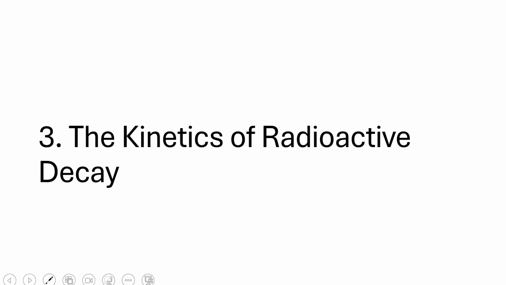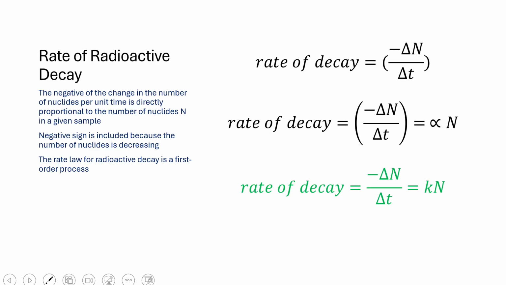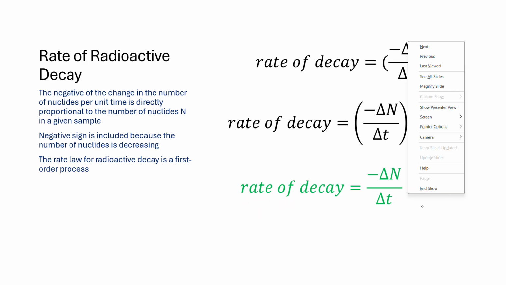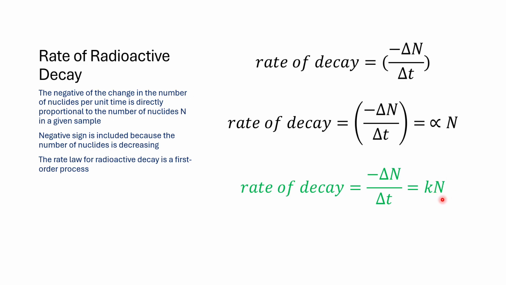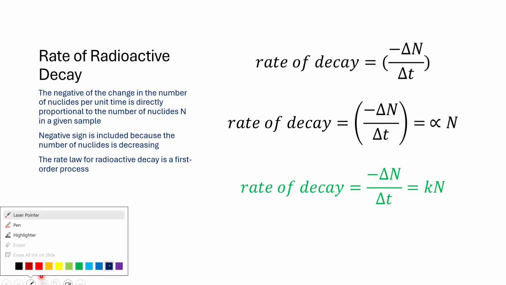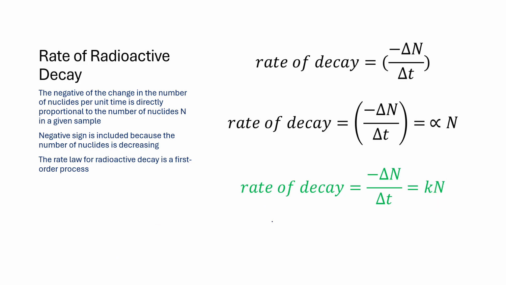Okay, so let's talk about the kinetics of radioactive decay. We've tackled chemical kinetics before. So luckily, we have here already the formula for radioactive decay. And notice how the rate of decay is equal to kN, right? k and N. So that means this is very similar to the first order rate law.